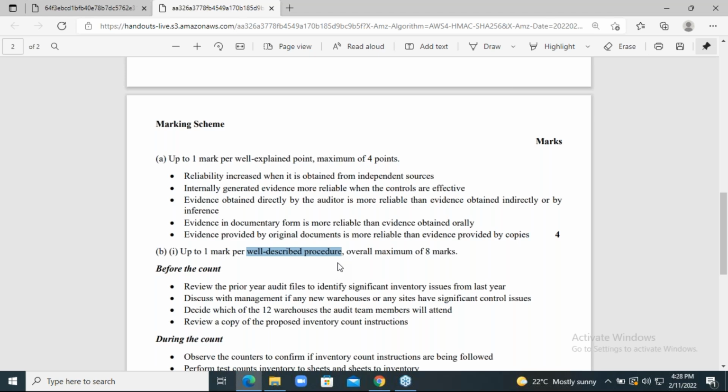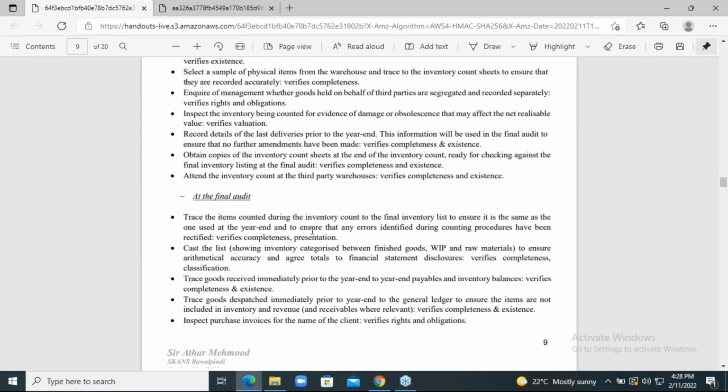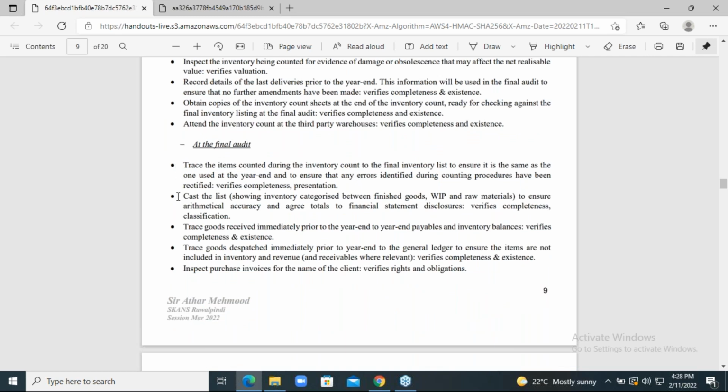What is the meaning of well described procedure? Well described procedures means like this procedure is a well described procedure. Cast the list to ensure arithmetical accuracy. Sometimes students will write only this.